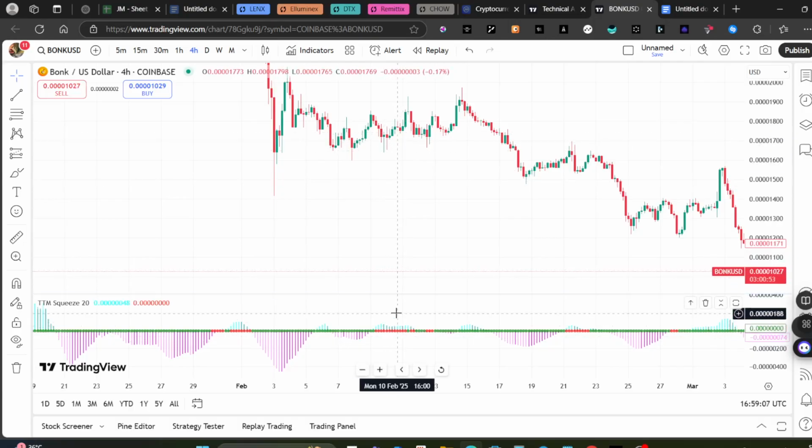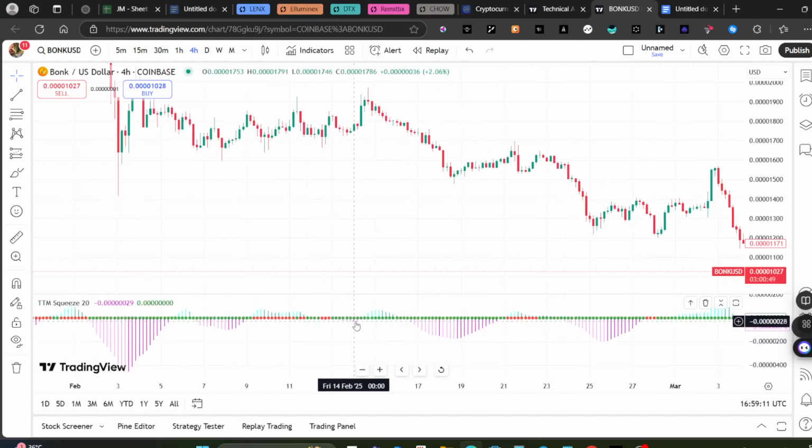The second step is to wait for the squeeze to fire. When the dots turn green, the squeeze has released and the price is likely to break out. Then you look at the momentum histogram. If the bars are rising, it's a bullish move, but if they are falling, it's a bearish move.